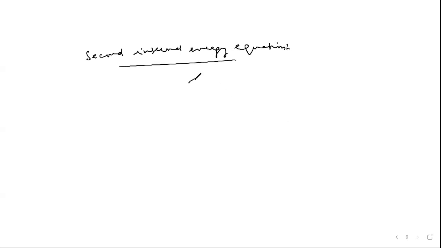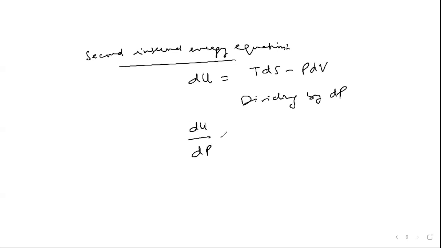Starting with, again, dU is equal to TdS minus PdV, dividing by dP on both sides to get dU/dP is equal to T dS/dP minus P dV/dP. So we have divided by dP.